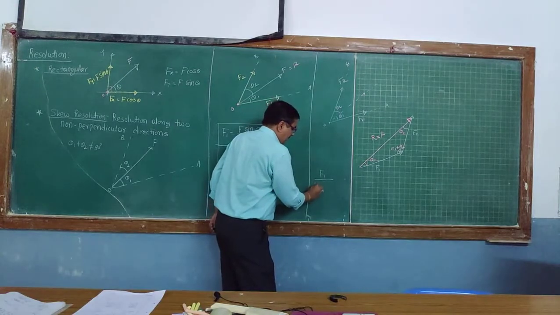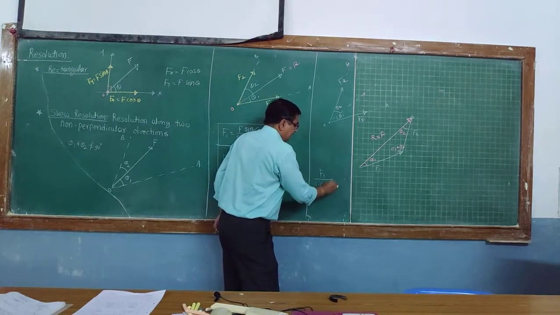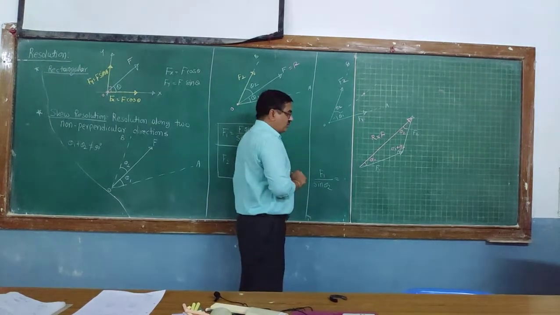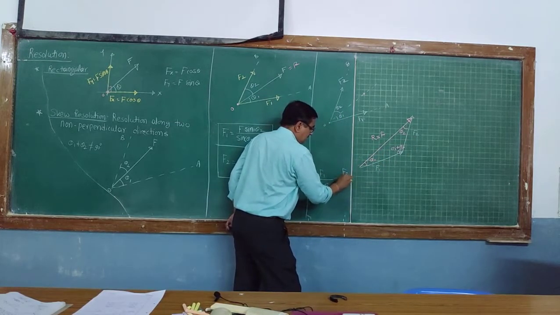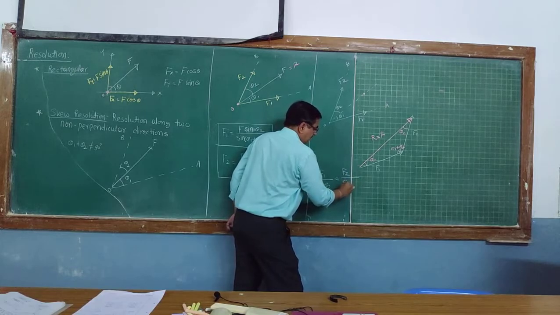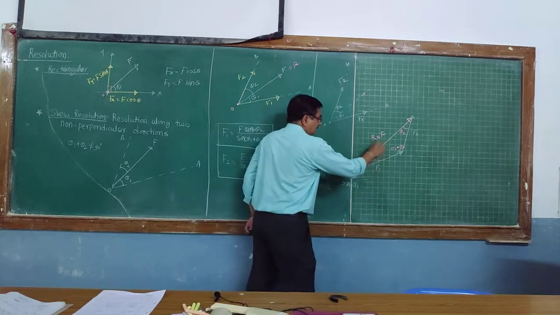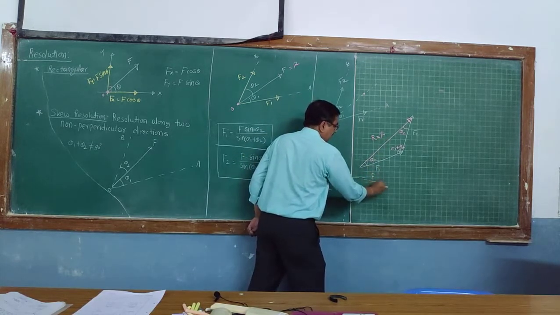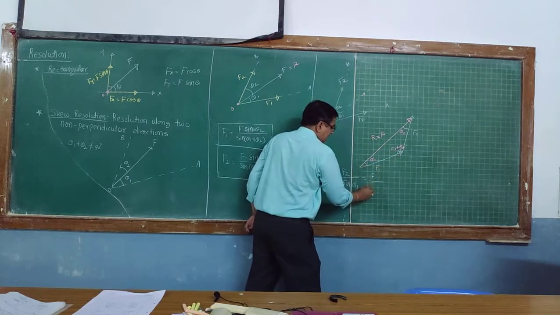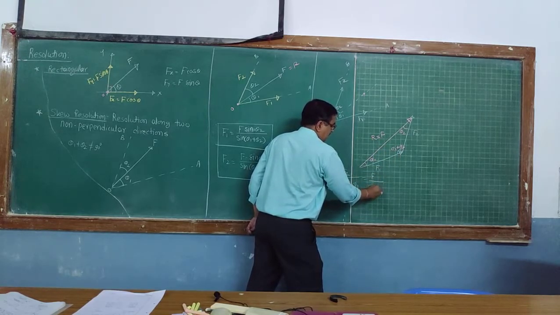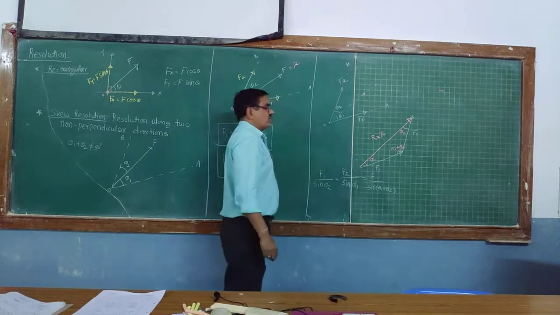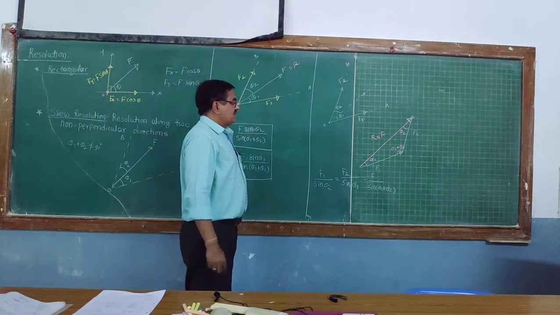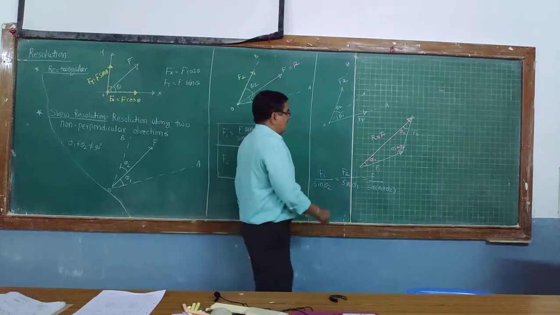So F1 upon sine of theta 2 is equal to F2 upon sine of theta 1 is equal to F upon sine of theta 1 plus theta 2. This is the angle.